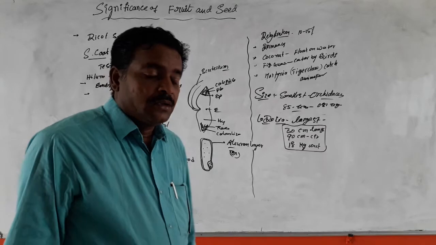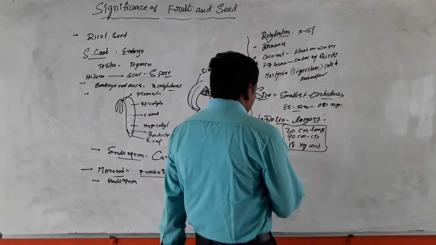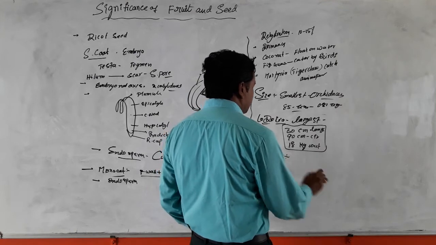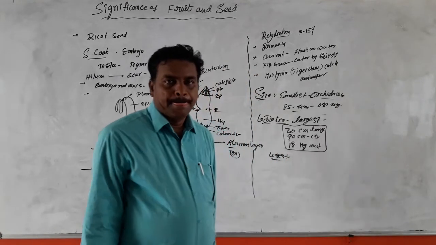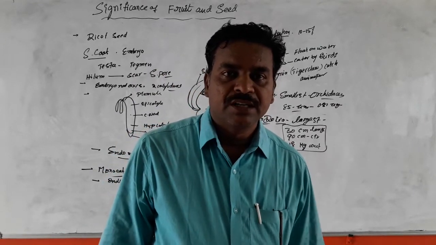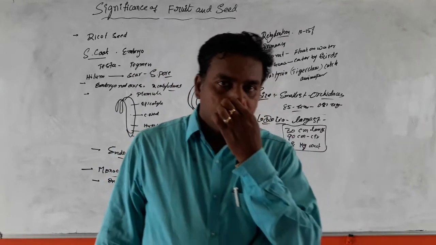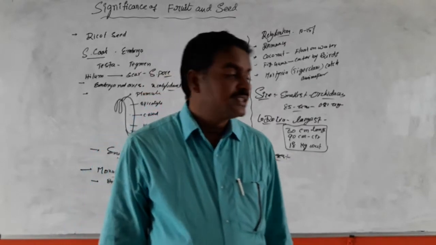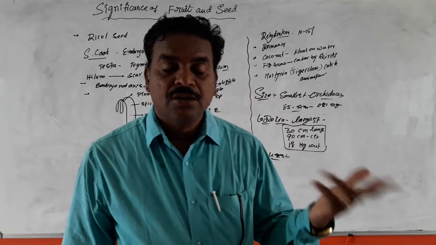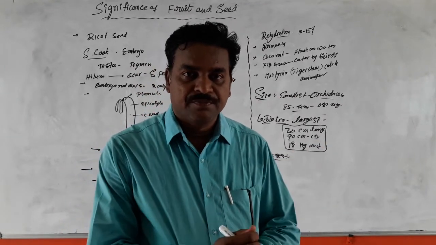Similarly, next the uses of seeds. Seeds provide food materials and are used as food by human beings. Dormancy, its duration, and dehydration of the seeds are very crucial for the storage and utilization of seeds for many years.